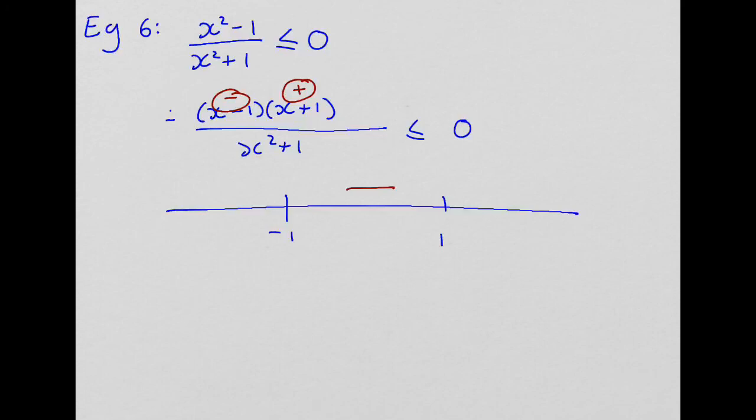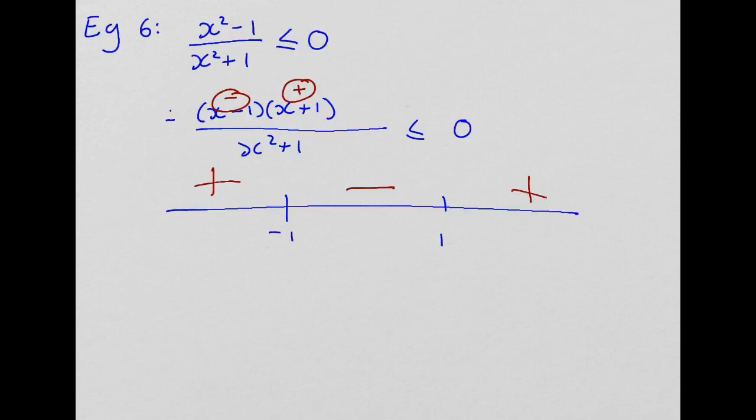Right, then if you choose values higher than 1, I'm not going to test them, you can test them. But if you choose a value 5, for example, you're going to get a positive there. And if you choose a value negative 5, that is to the left of negative 1, you're going to get a positive there.